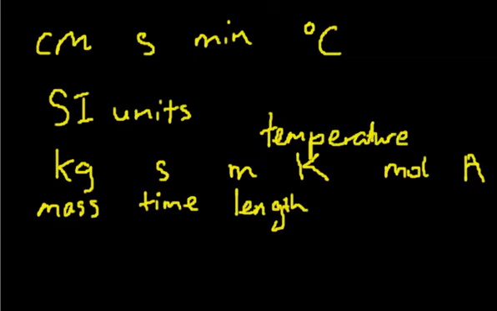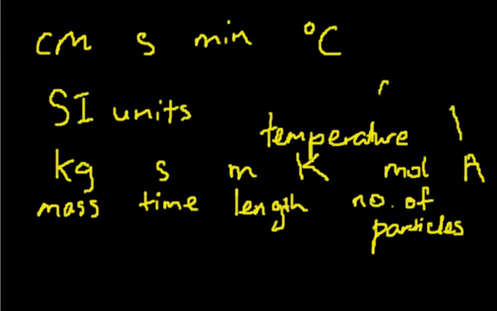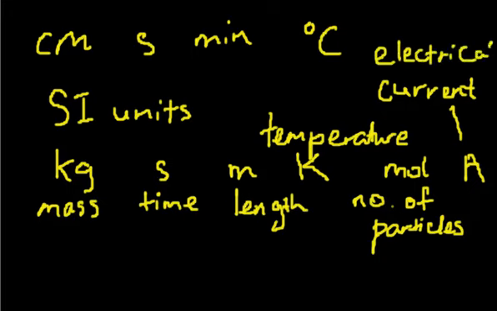And mole is for the number of particles. And ampere here is for current. Now, not water current or any other kinds of current, but specifically electrical currents.